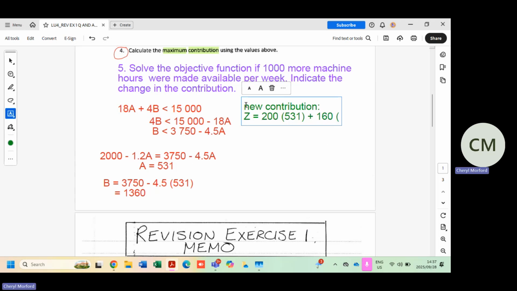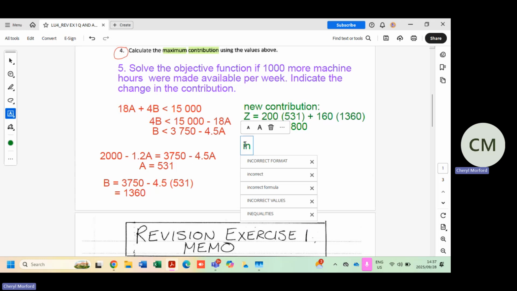And I'm going to times that by the new quantity of 1,360. Close the bracket. And then we're going to say Z is equal to, and it must be money, 3,223,800. So that's my new contribution.